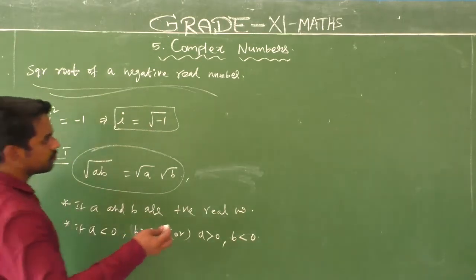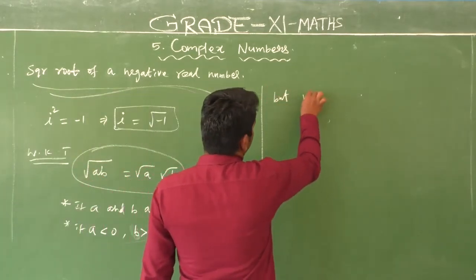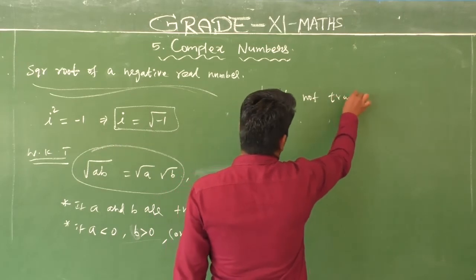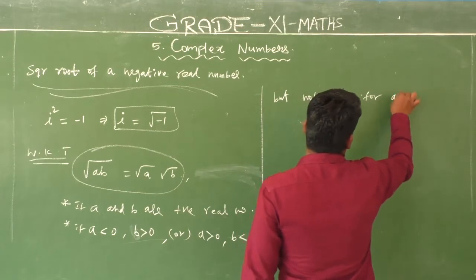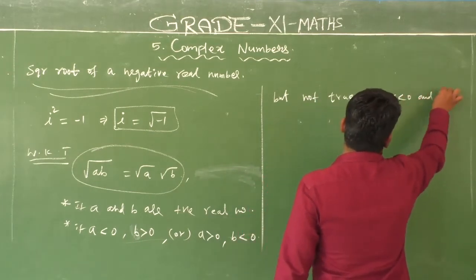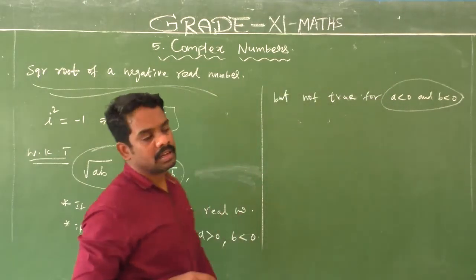But it is not true for A less than 0 and B also less than 0, when both are negative.